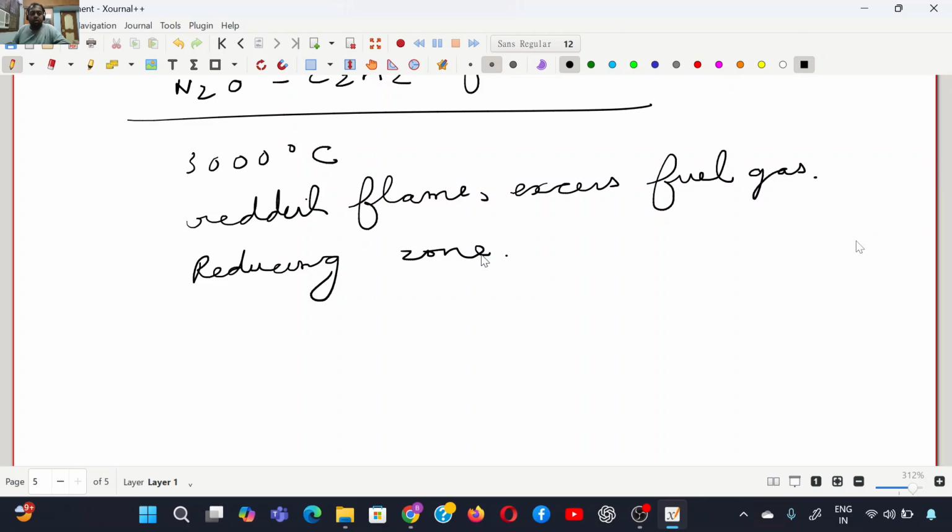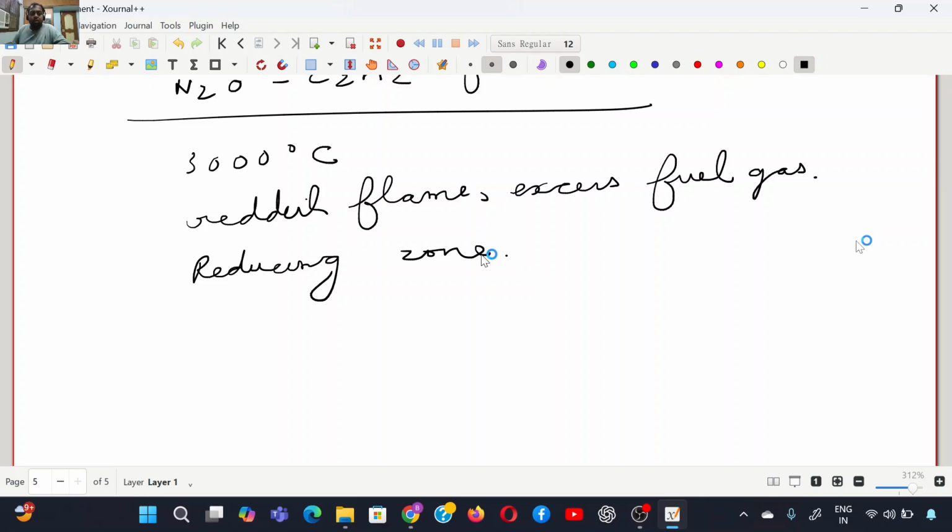The advantage in this case is that it reduces oxides of refractory elements. But the disadvantage is that at very high temperature there is increased ionization, thus lowering the sensitivity. So that's the nitrous oxide acetylene flame.